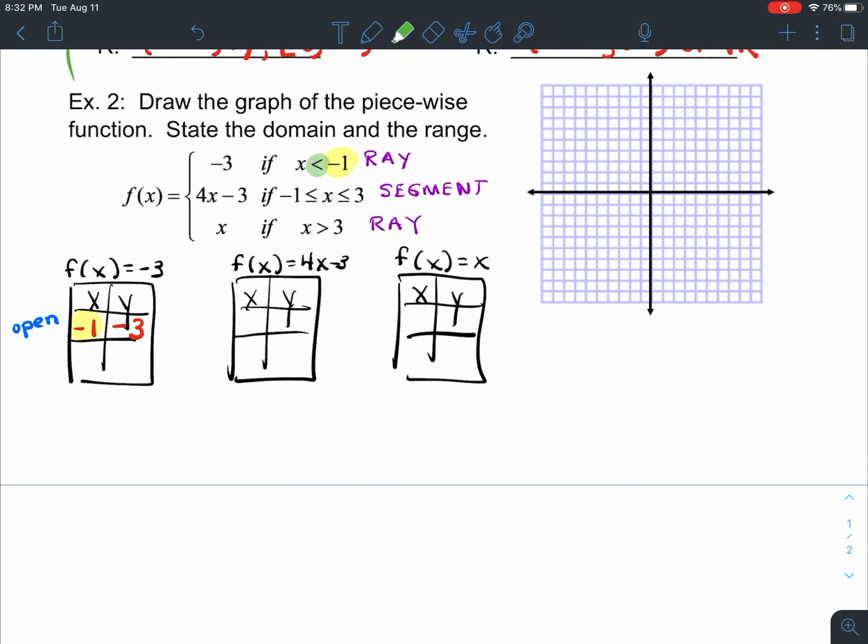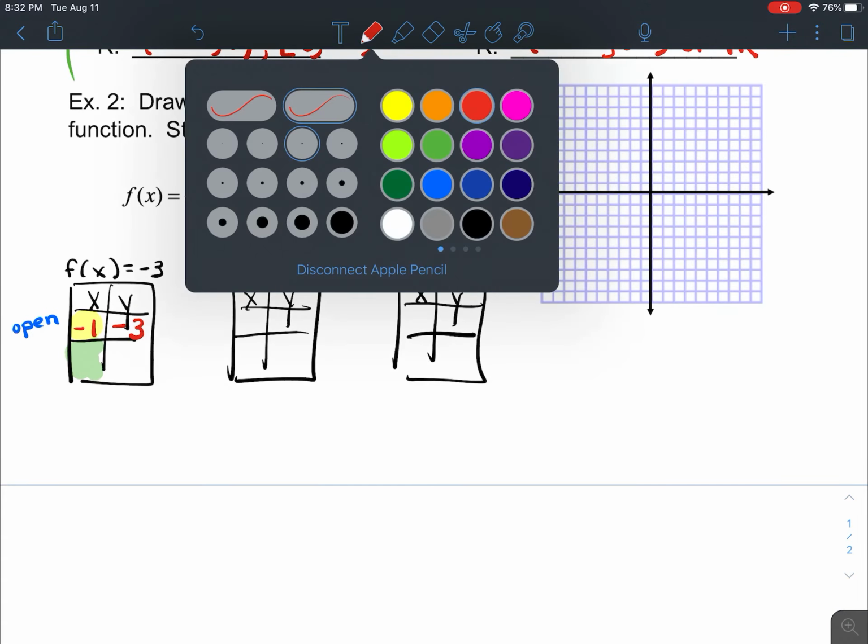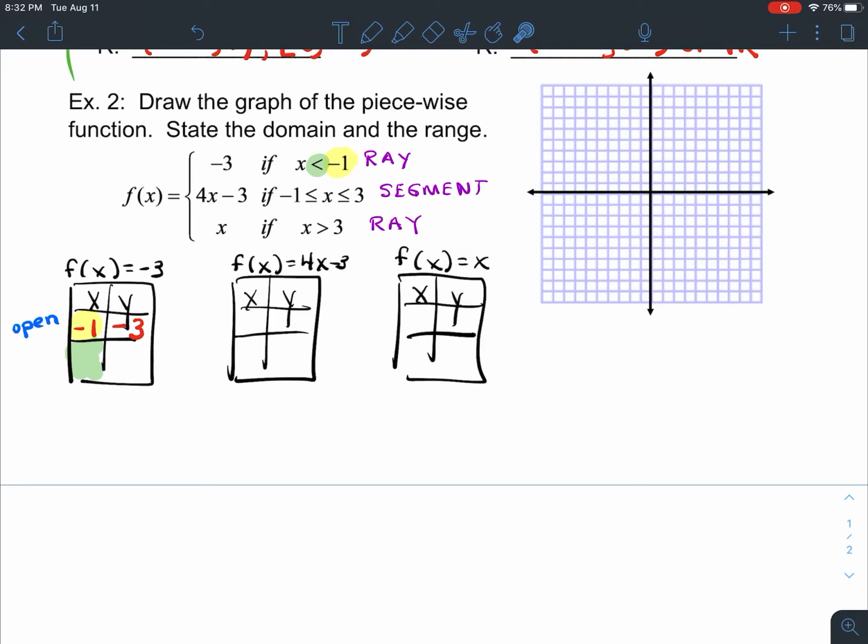Now, we do need a second x value. But if I'm not provided one, then I get to pick one. I need to look at my inequality symbol when I'm choosing what x value to go with here. So I need to choose any number as long as it is smaller or less than -1. So I'm going to choose -2.